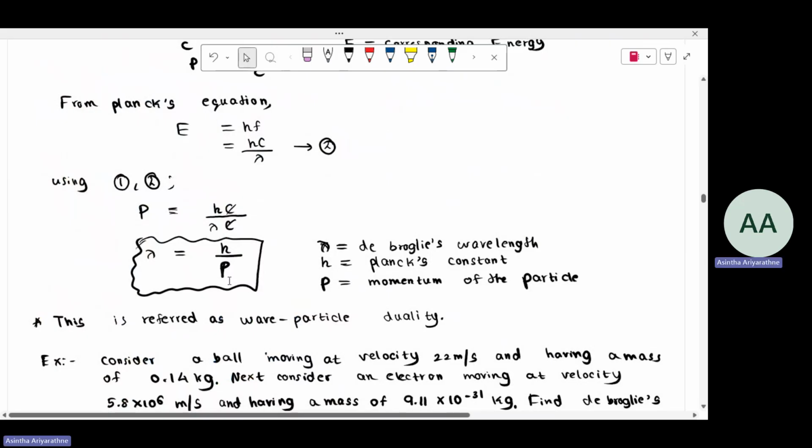Again I can write lambda is equal to h over mv, right? So when v is very small, lambda is high. When v is very high, lambda is very low.